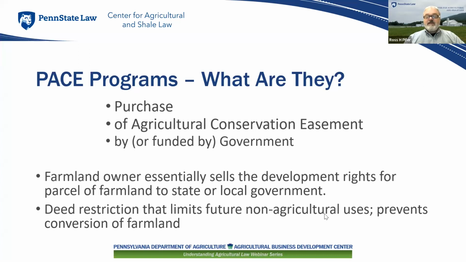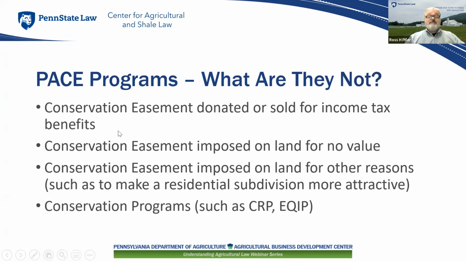When an ag conservation easement is imposed on the land, that property owner is voluntarily agreeing to give up one of those sticks, the stick to develop that property. So these conservation easements normally put a restriction on the property that limits its use to agricultural uses, or prohibit certain uses of that property in the future.